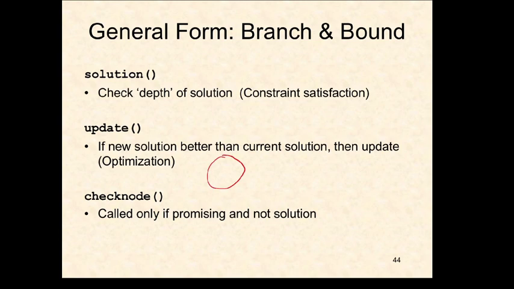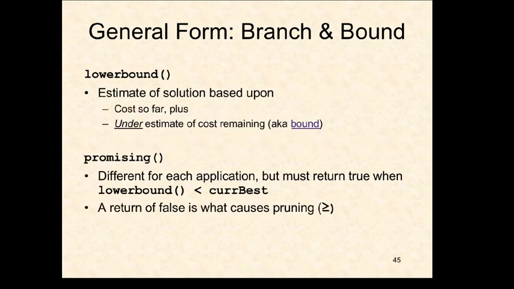And our best so far is really going to be two things. We've got to remember the cost of the cycle and the order that we visit the vertices in to print out the cycle. And check node is just whatever our recursive function is. Lower bound is going to be called by promising. So promising will do the check that we just talked about.